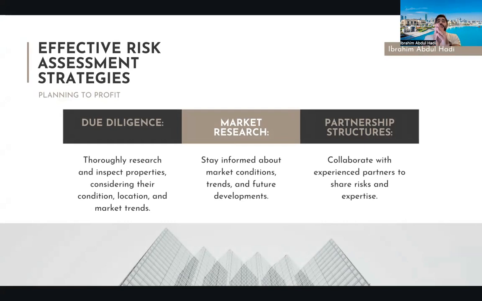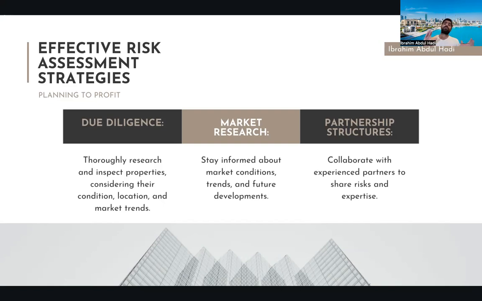To talk about due diligence, through the research, inspect the property considering its condition, location, and market trend. So we need to understand these three aspects: the condition of the property, where it is located, and what the market trend is for that specific area.